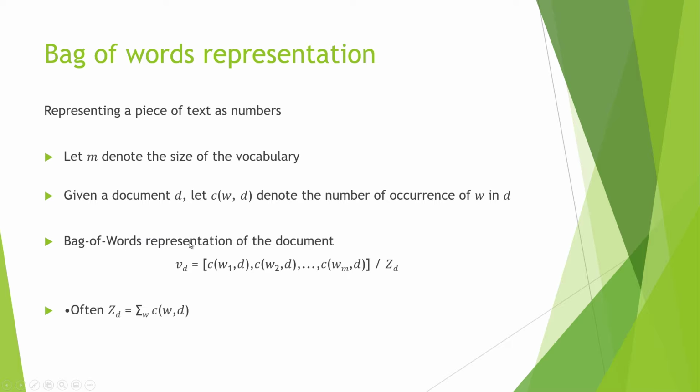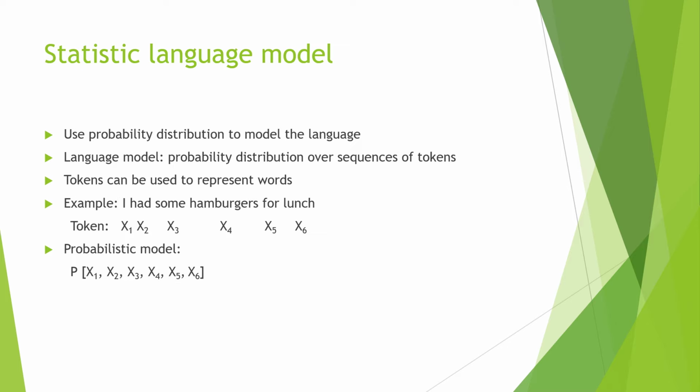So a more generalized representation for bag of words looks like this, and the ZD is the normalization factor that I just mentioned, and in most of the cases, ZD will be the length of the document, or you can say the number of all words.